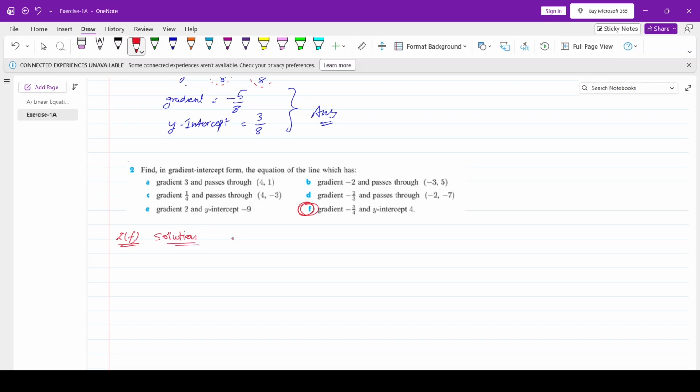Now gradient m is equal to minus 3 by 4, and y-intercept is 4. Can we say the equation would look like y is equal to minus 3 by 4 x plus 4?